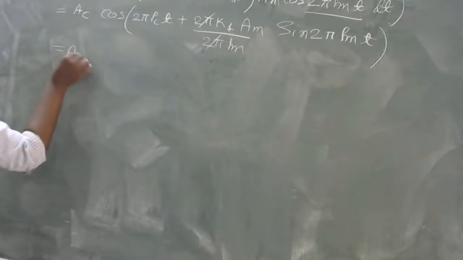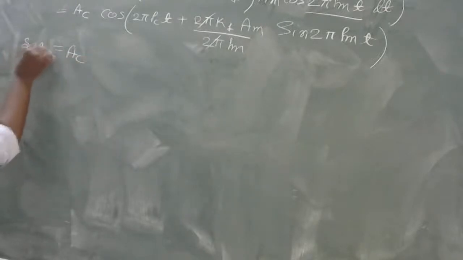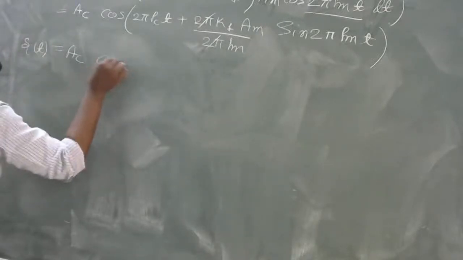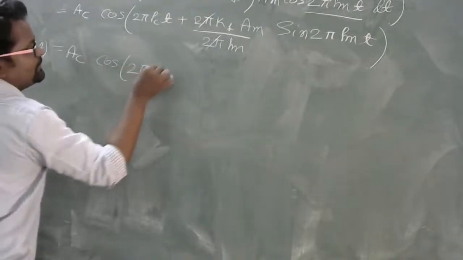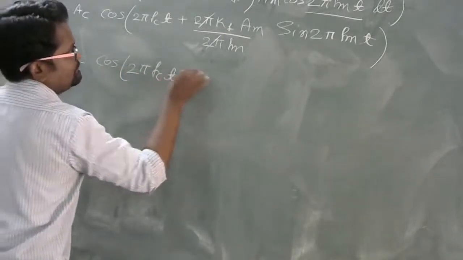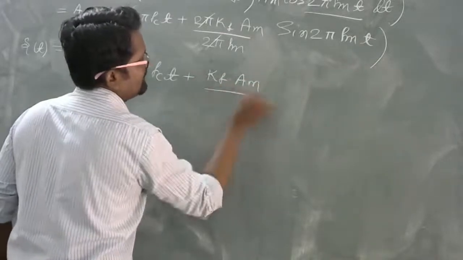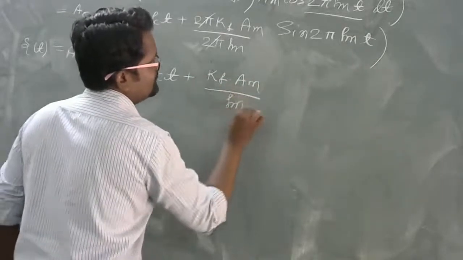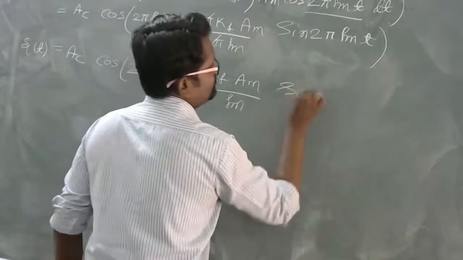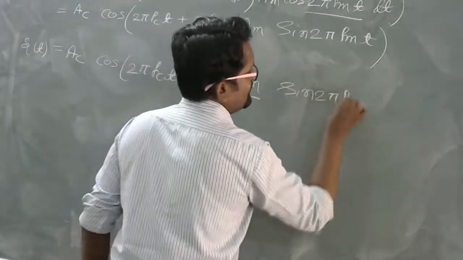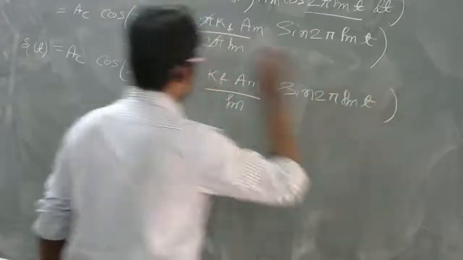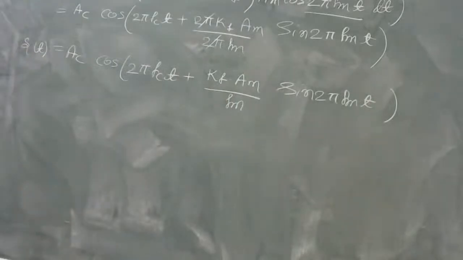So what we will get? We will get s(t) equals Ac cos of 2 pi fc t plus kf into Am divided by fm into sine of 2 pi fm t. Note this down.